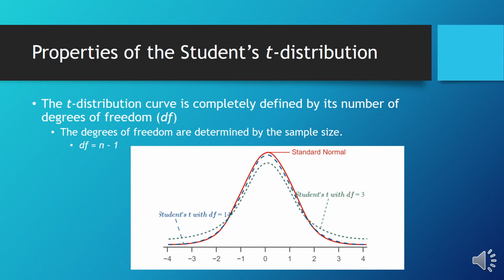The green curve has degrees of freedom equals 3, so your sample size is 4. Notice how the blue curve is approaching the standard normal curve. As you increase your sample size, the student's t-distribution gets closer and closer to the standard normal distribution.